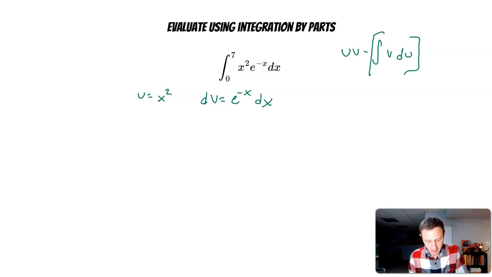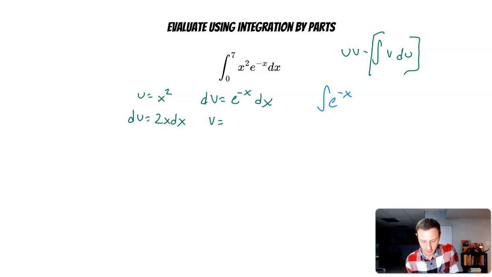So u is equal to x squared, and then du is equal to 2x dx. And then dv, we need to integrate to get v. So let me do that off to the side here. I'm going to take the integral of e to the negative x dx.